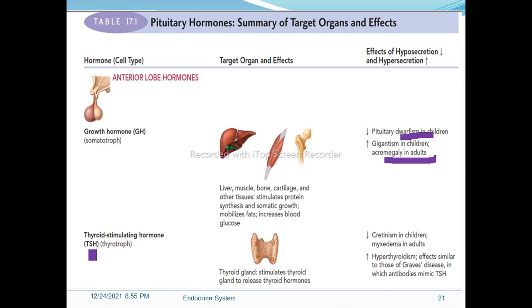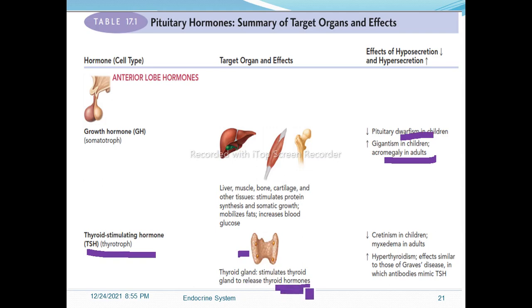The other is thyroid stimulating hormone, or thyrotroph. Thyroid stimulating hormone acts on the thyroid gland here. These four dots are known as the parathyroid glands. It stimulates the thyroid gland to release thyroid hormones.